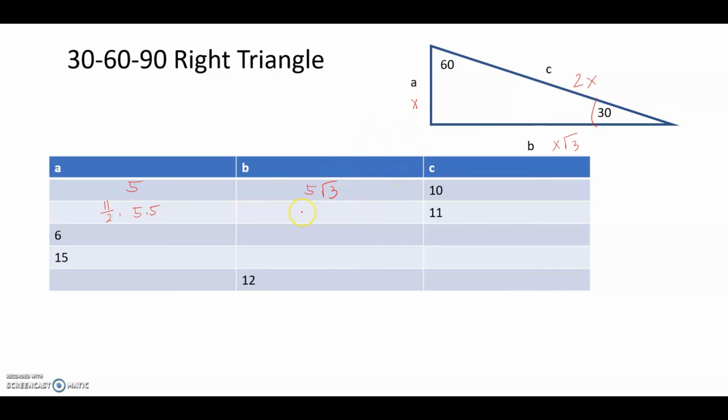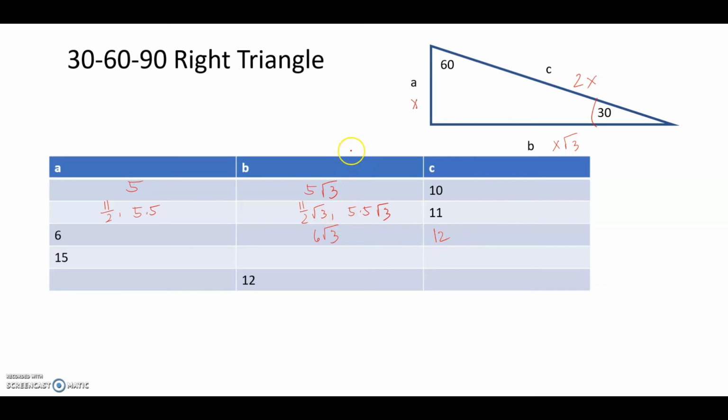So our b will be 11 over 2 square root of 3, or can be 5.5 square root of 3. Next, third column, third row, you have 6 for a. So our b will be 6 square root of 3, and our c will be twice of a, so that will become 12.